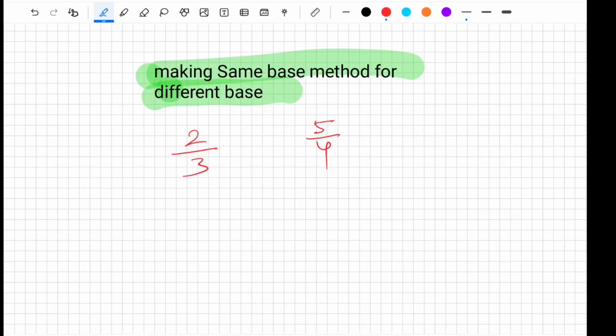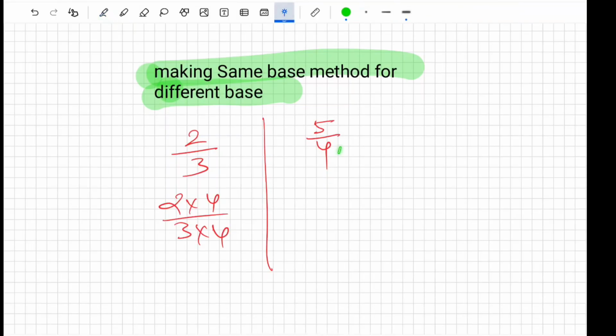First of all, we have to make the base equal, and one way to do that is multiplying this number by the denominator of the other, and multiplying the other number by this denominator. So it will give 2 into 4 by 3 into 4.